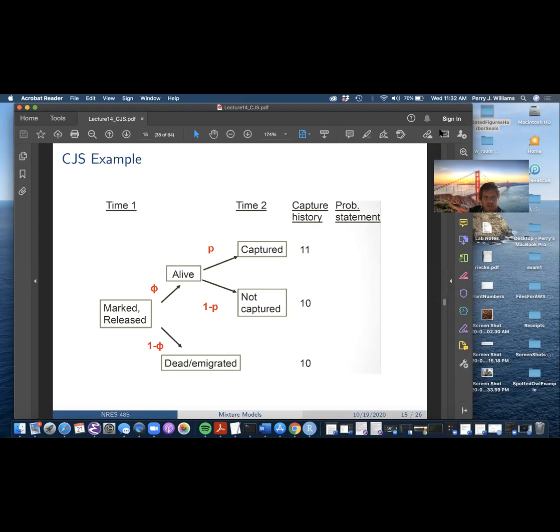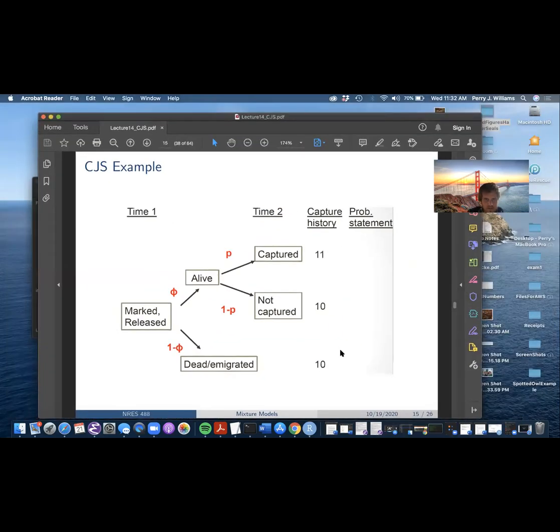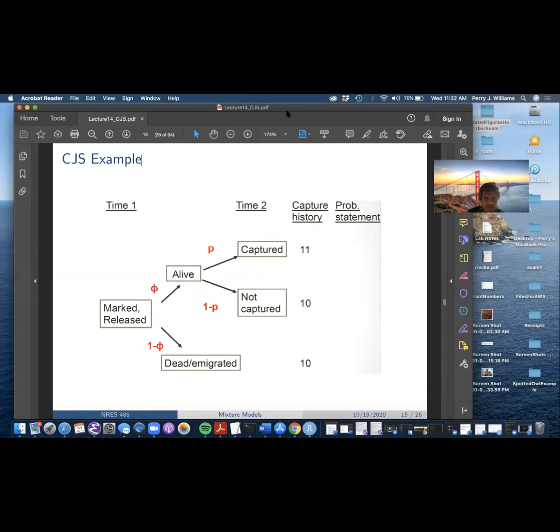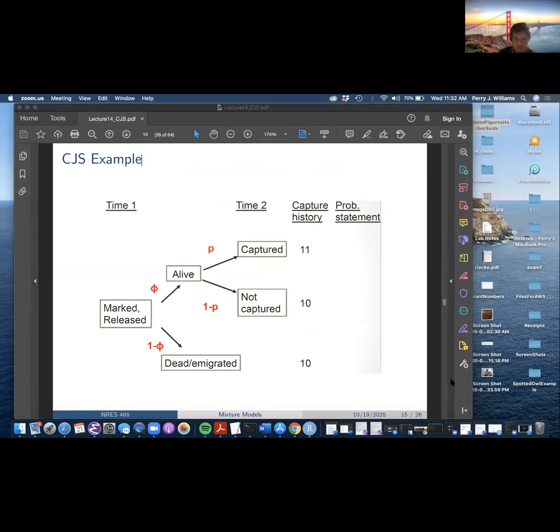All right, so let's see, where did my whiteboard go? There it is.